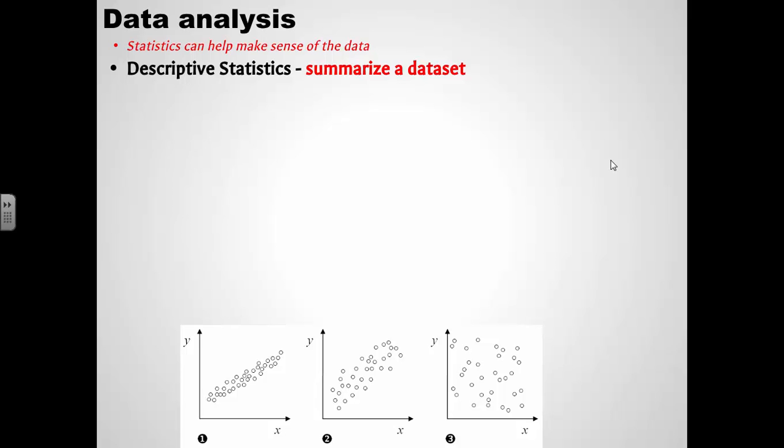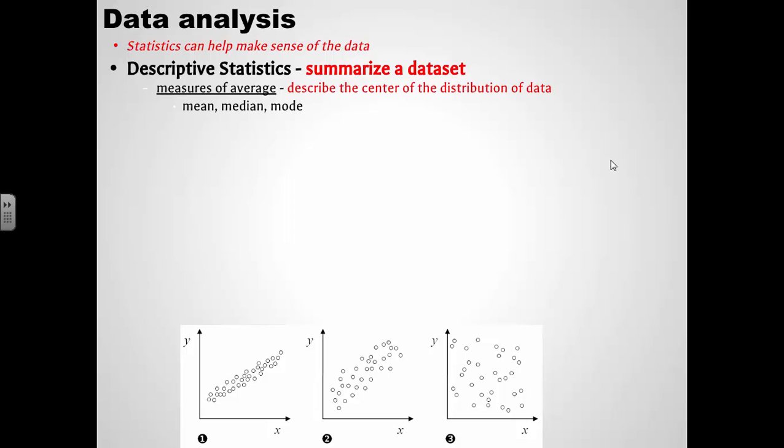Some statistics are used to measure what we call central tendency, measures of the average. If we have a huge number of data points, you might want to know, okay, where is the center of that data? So the common statistics that I know you're familiar with, the median, the mean, the mode, those are measures of central tendency.